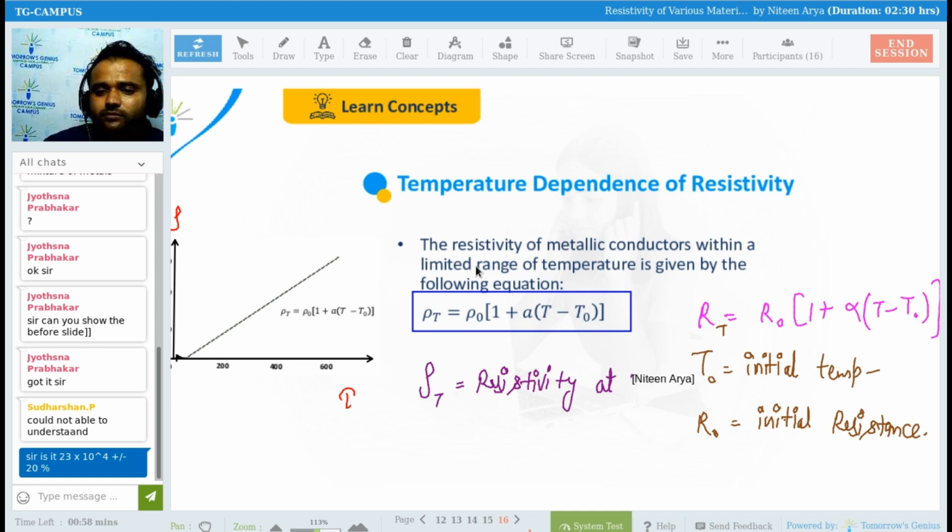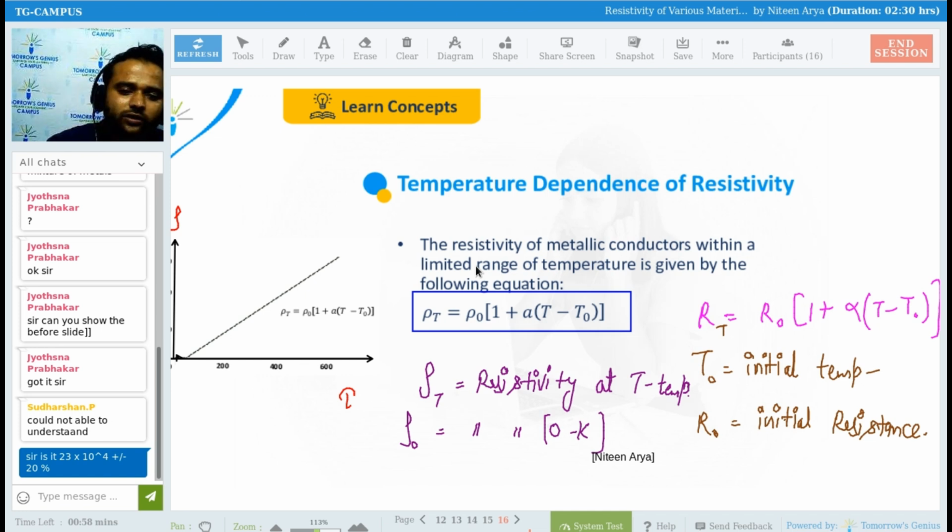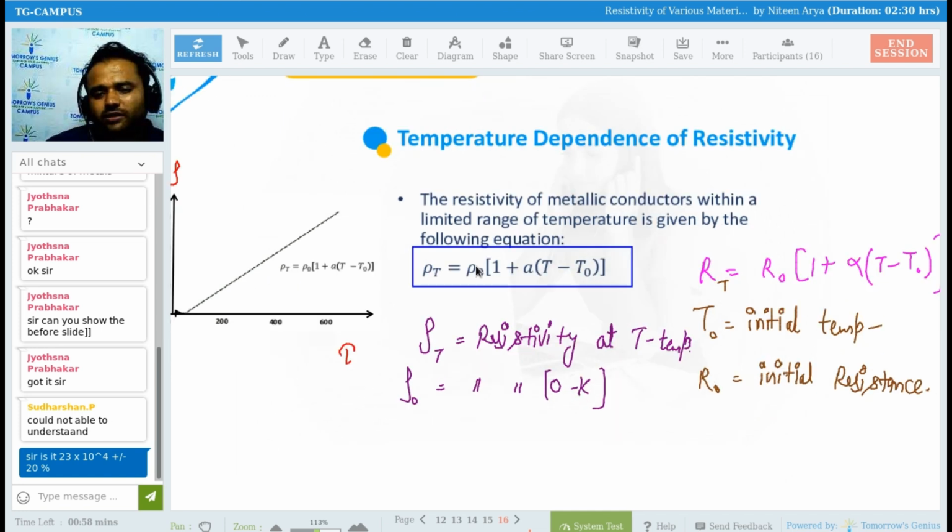Rho of T is the resistivity at temperature T. Then rho naught is resistivity at zero temperature, or initial temperature, but in general we say 0 Kelvin. And T naught is the temperature at initial or 0 Kelvin, and T is the temperature, as simple as that. So this is your relation.